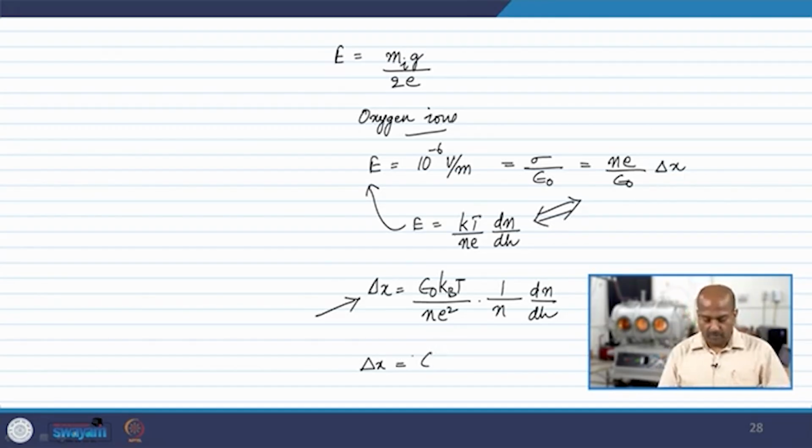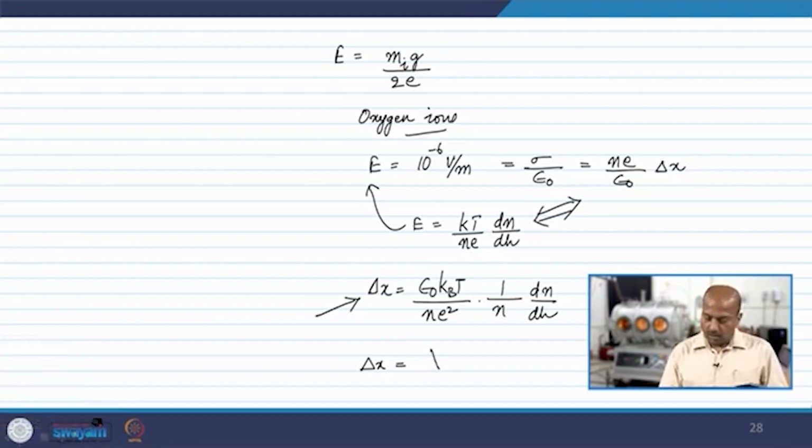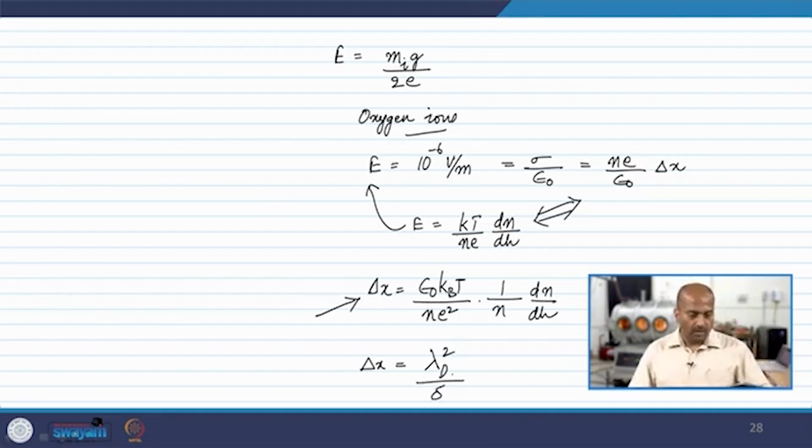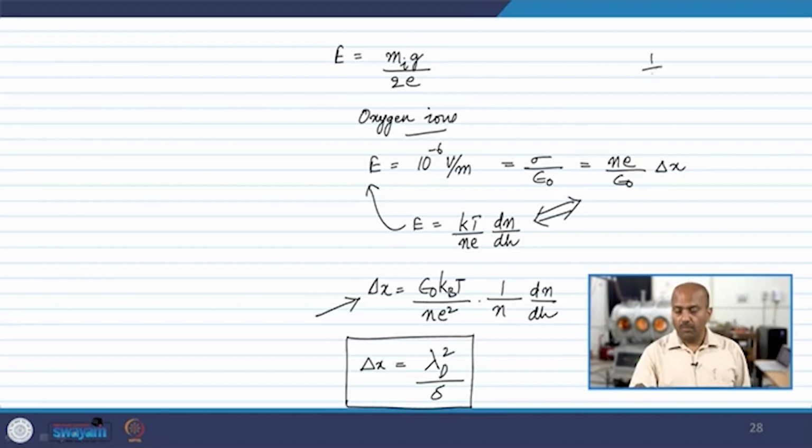This is a very familiar term that we know very well, which is nothing but lambda D squared by some delta, where lambda D is the Debye length and delta is just a distribution height. What is the distribution height? It is 1 by N dN by dH.